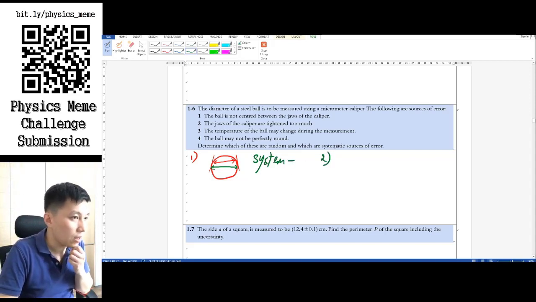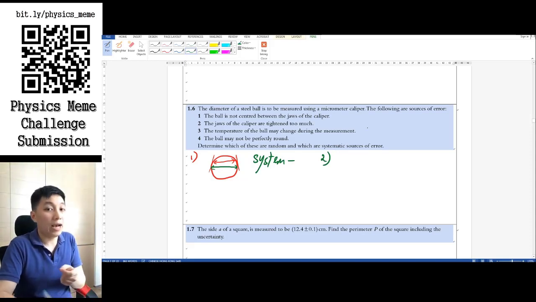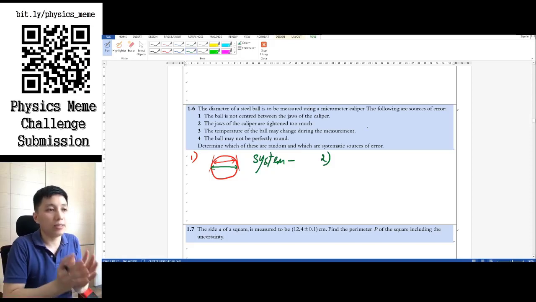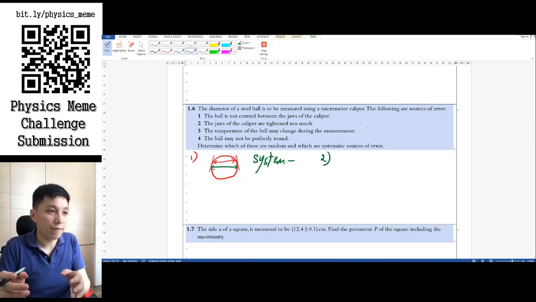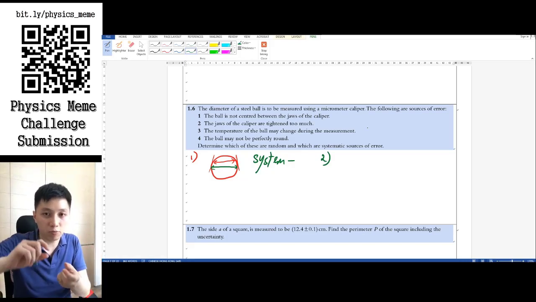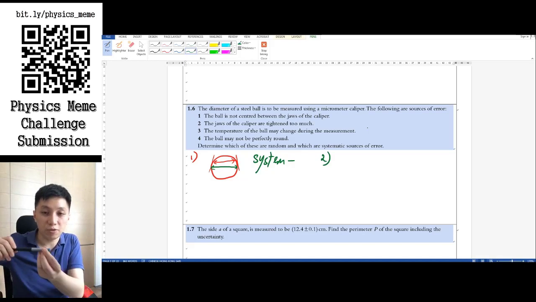Number 2 says the jaws of the calipers are tightened too much. I assume it's always tightened too much, because if you recall your experience using the micrometer, the one where you turn the knob, you can actually keep turning and keep going in.